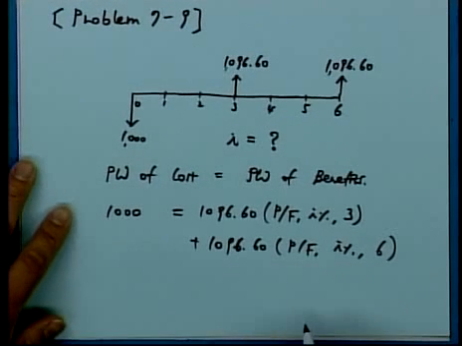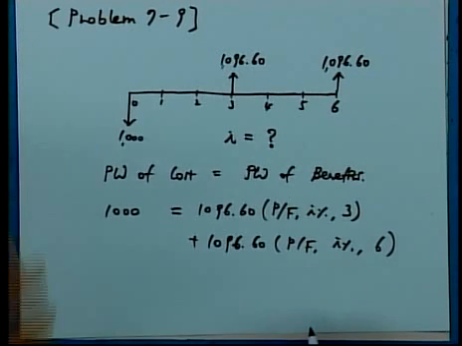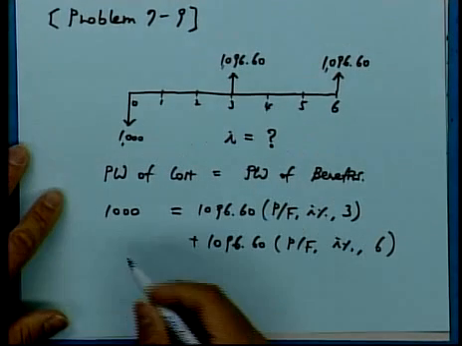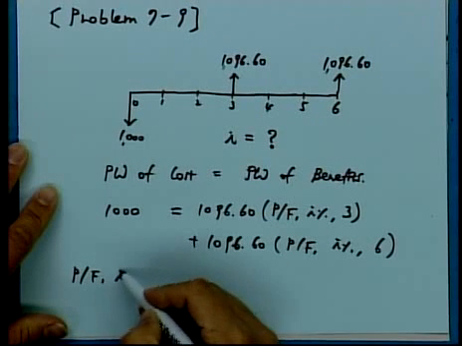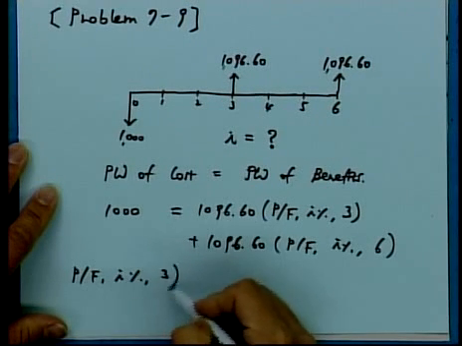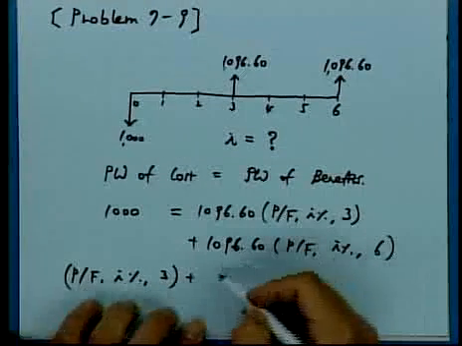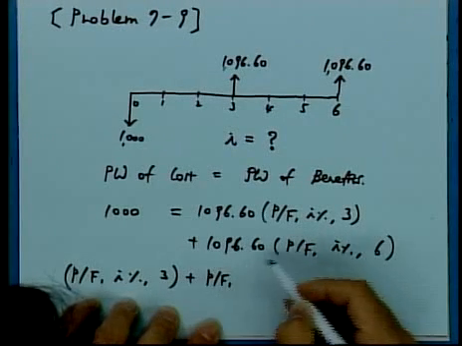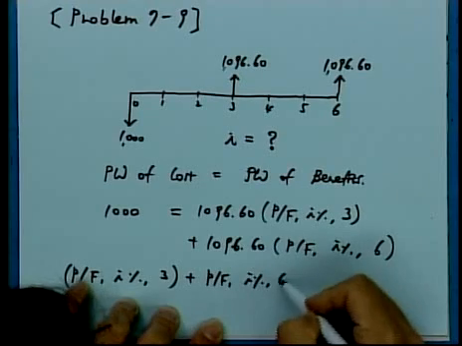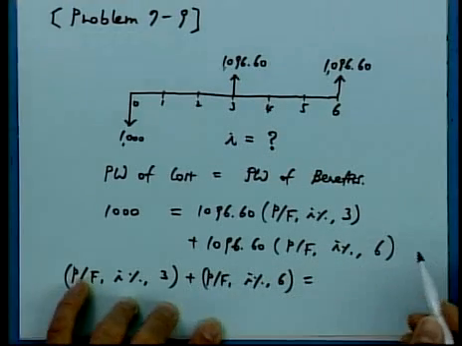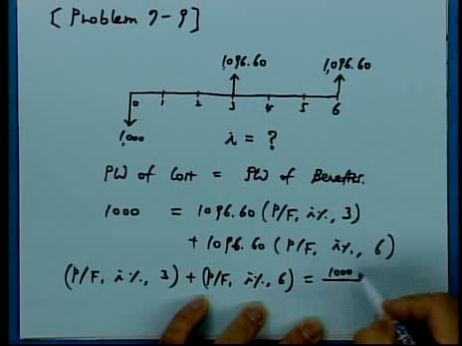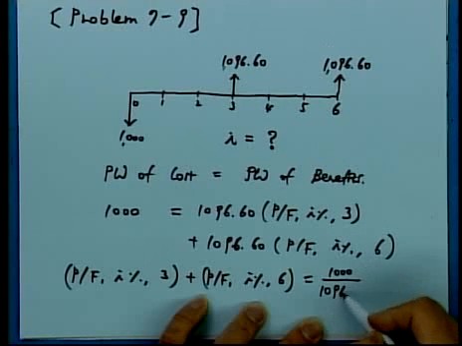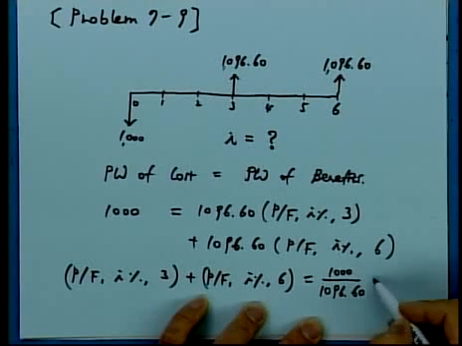So what do you have here? P given F, I% over 3 periods plus P given F, I% over 6 periods is equal to 1000 divided by 1096.60.